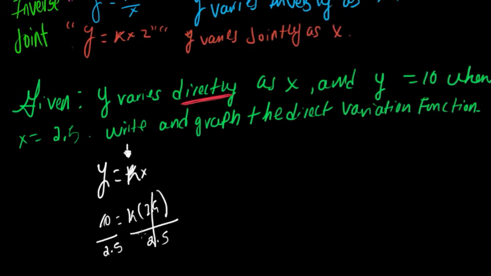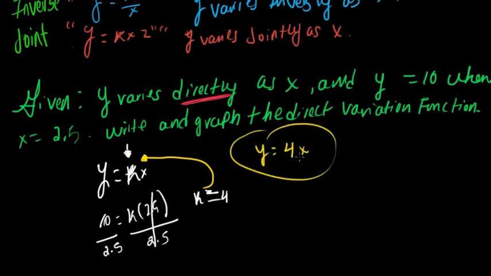So k is equal to 10 divided by 2.5, which is k equal to 4. What does that mean? We take this value of k and substitute it back into our direct variation equation. So y is equal to 4 times x. This is our direct variation function.